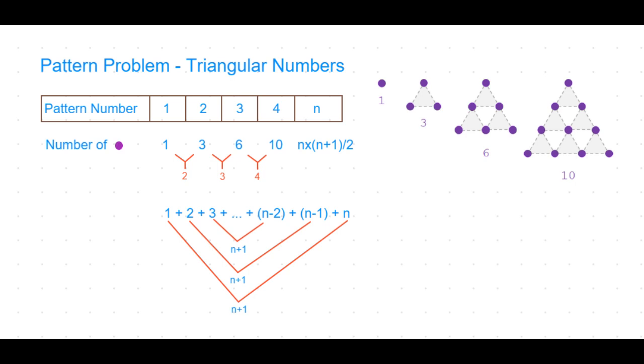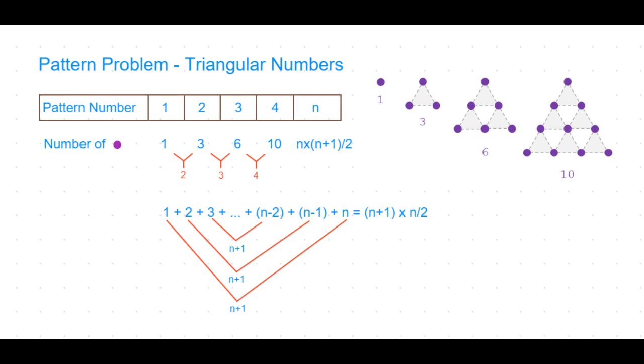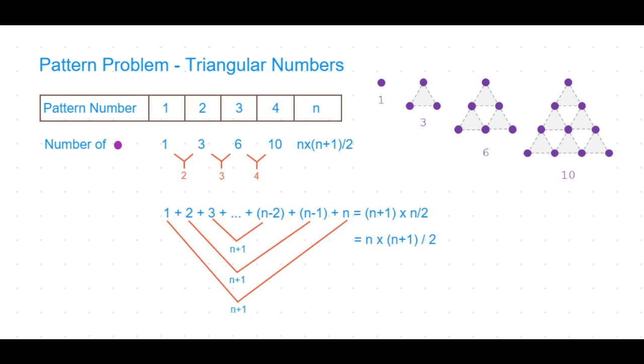Each two numbers form one pair, which means n by 2 pairs. So the total sum is n by 2 times n plus 1. This is what we have used in the formula.